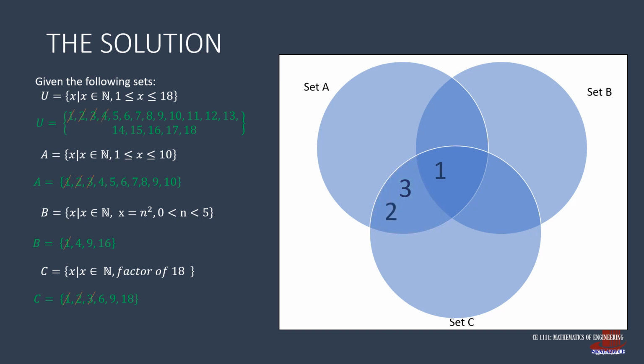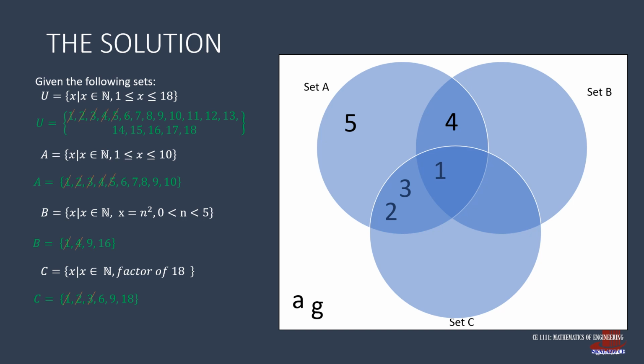For 4, we can find it common to sets U, A, and B. So it should be placed in the overlap of sets A and B. 5 is found in sets U and A, so it should be positioned at this location.